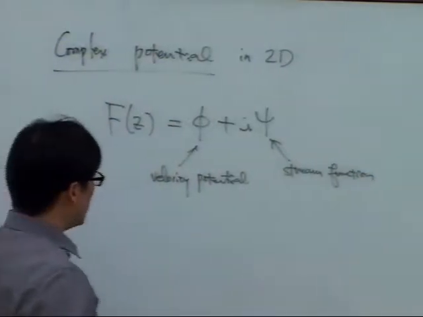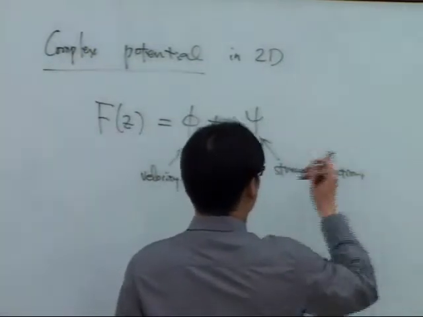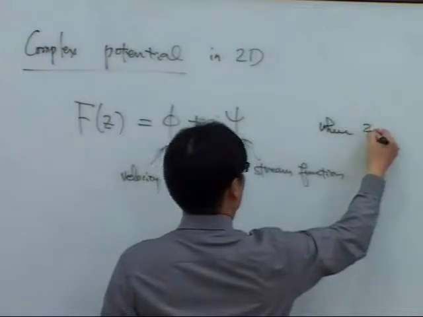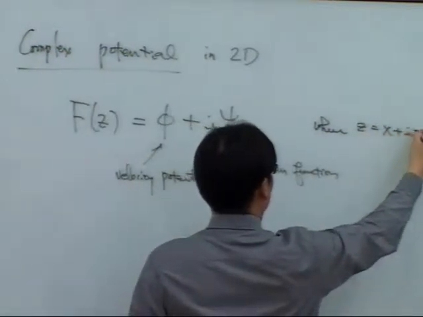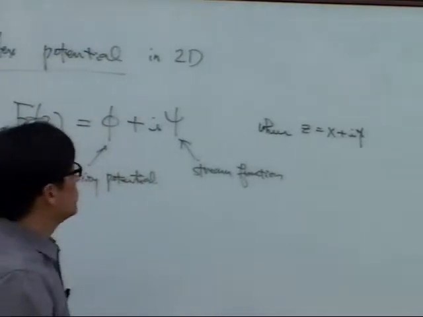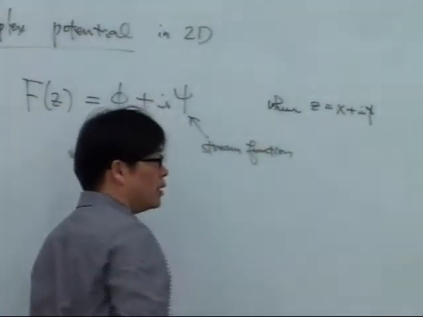Phi and psi are both functions of z, where z is x plus iy. So this z is defined only on a plane.